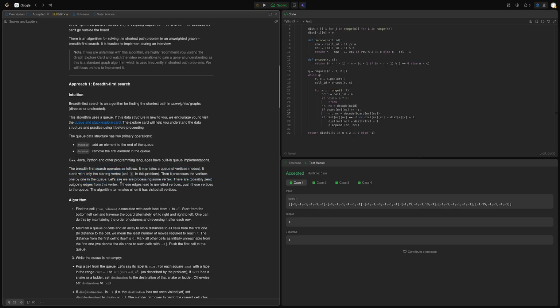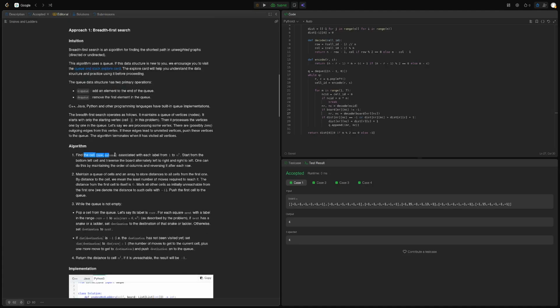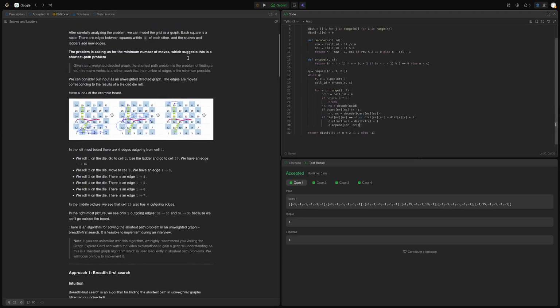I guess there cannot be a ladder. Fair enough.